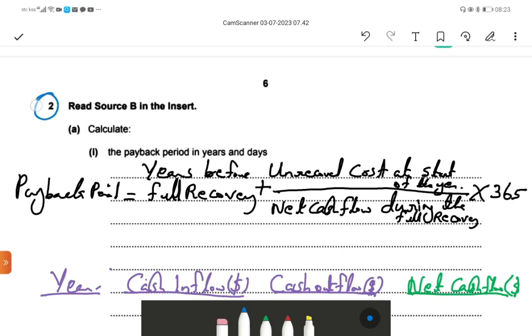Question number 2A, the first one: calculate the payback period in years and days.